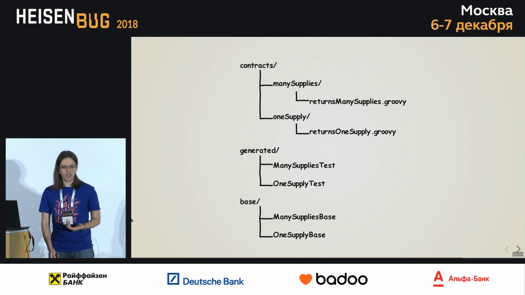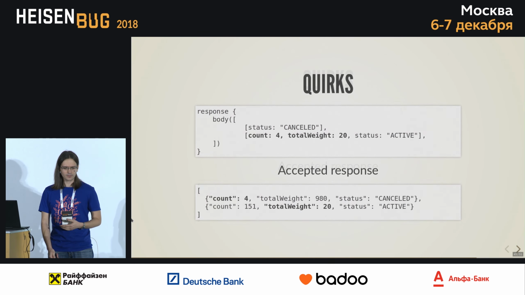When I run my build tool, it generates two classes with tests, and those classes inherit from separate base classes. Now I have a base class for many supplies, where I can set the supplies accordingly, and a base class for one supply. Okay.